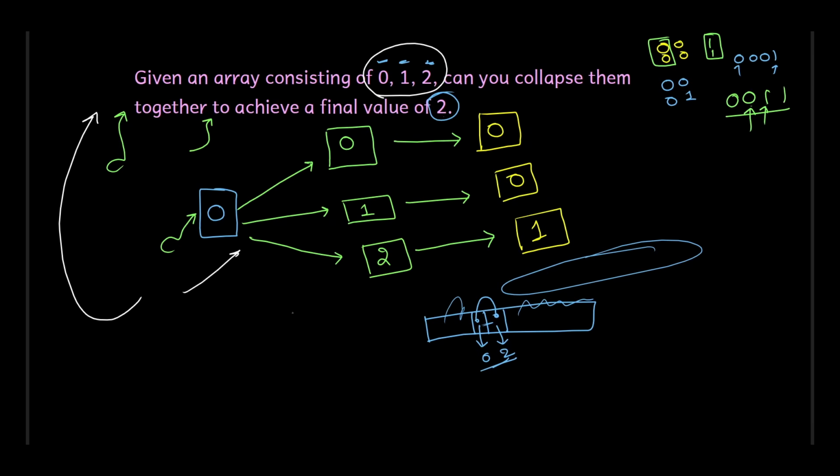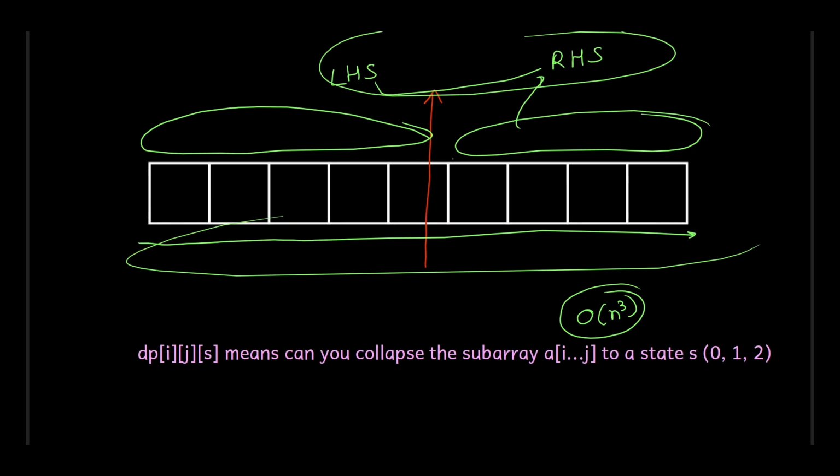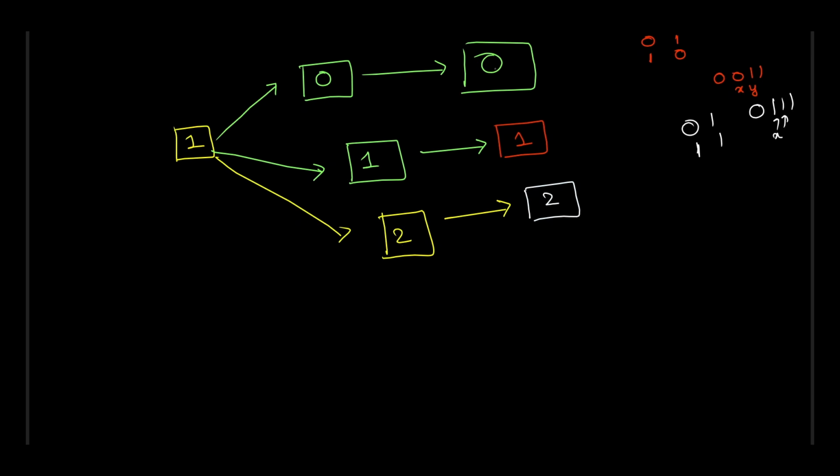On the right hand side we have 0 0 1. So let me write it like so. 0 going with 0 gives 0, 0 gives 0, and 0 gives 1. Now what about the transitions for 1? For the transitions for 1, on the right hand side we have 0 1 2.